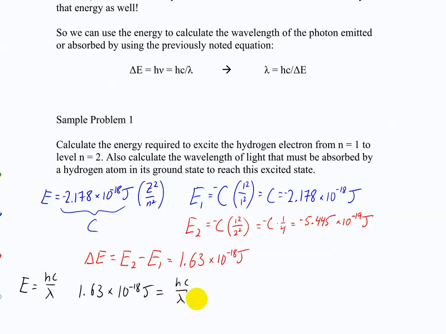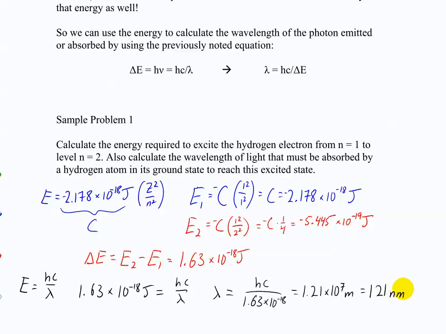H and c are constants, right? We can look those up, plug those in. Solve for lambda. We get lambda equals hc over 1.63 times 10 to the minus 18th. And that comes up to 1.21 times 10 to the minus 7 meters, or 121 nanometers.